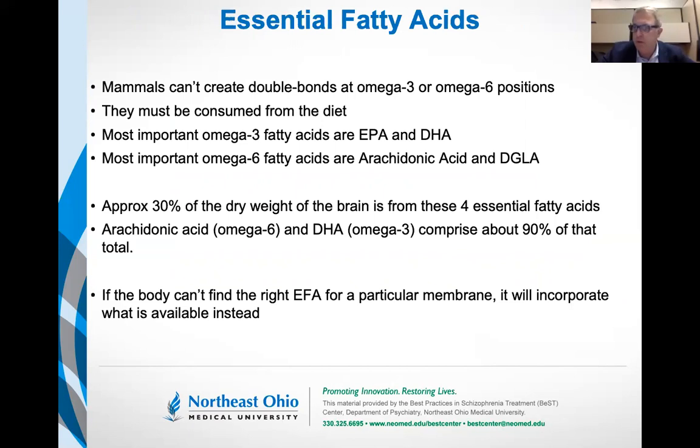One other piece of terminology: you'll hear about essential fatty acids, and just like essential amino acids, the word essential means that we human beings, or we mammals, are unable to make them on our own. So we are obligated to acquire them from our diet. Mammals do not have the capacity to turn a saturated fatty acid into an omega-3 or an omega-6 family of fatty acids. We have to get omega-3 or omega-6 substrates from our diet.